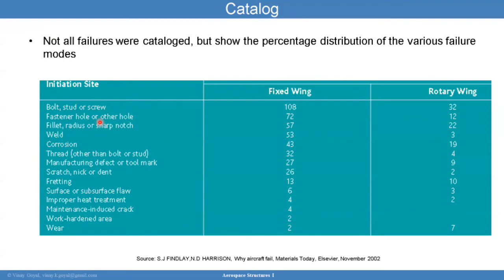Corrosion, threads other than bolts or studs, manufacturing defects or tooling marks, scratches, nicks or dents. Scratches, nicks, and dents are very common, and they can become stress concentrations that could then initiate a flaw in fatigue applications and then propagate over time.